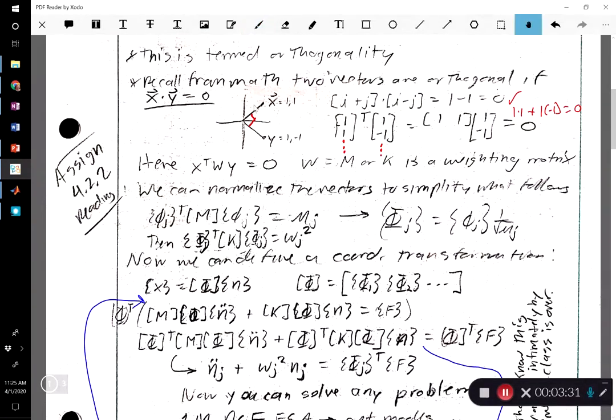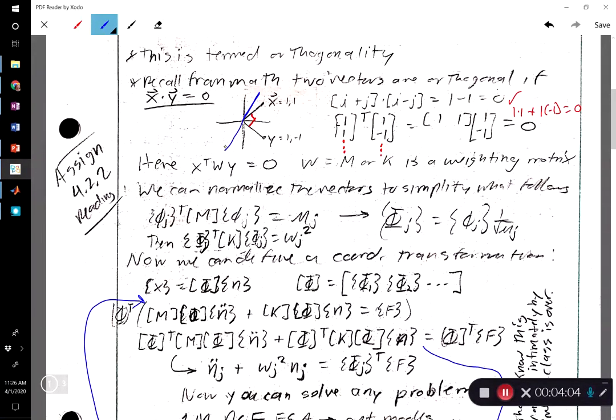Once we're beyond 3 dimensions, we can no longer visualize it in a plane or a 3D space, but the same orthogonality property can be used. There's another difference in that we're not saying that the vectors are directly orthogonal, but we're saying that they're orthogonal when multiplied through a weighting matrix. And our weighting matrices, M or K, are always symmetric.